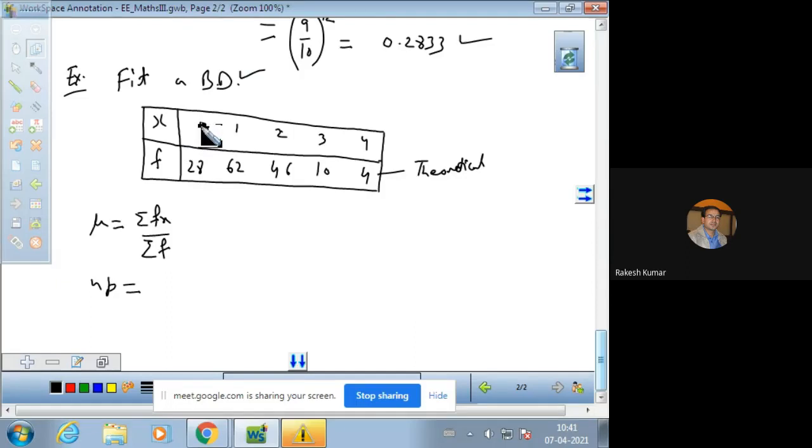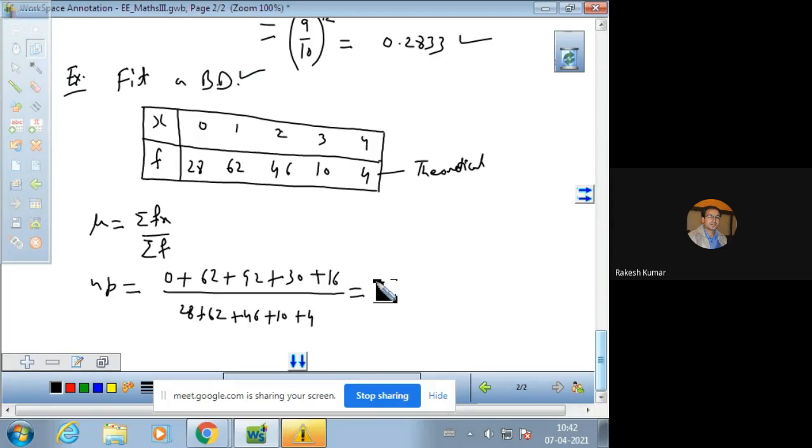For sigma fx: 28 into 0 is 0, 62 into 1 is 62, 46 into 2 is 92, plus 10 3s are 30, plus 4 4s are 16, divided by sigma f, the sum of all the frequencies, which is 28 plus 62 plus 46 plus 10 plus 4, and this comes out to be 200 over 150.